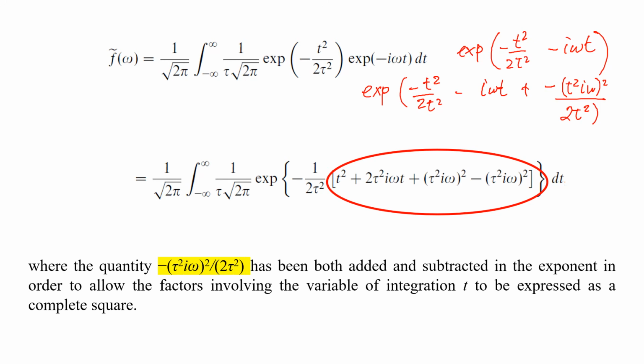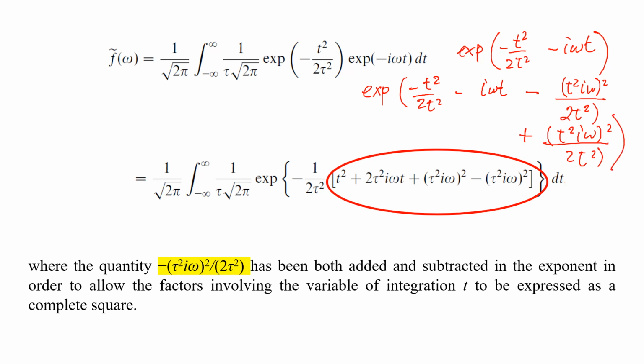So this one becomes negative, or this is minus, and then we have subtracted also the same term. So you have minus the negative, so that's plus tau squared I omega squared over 2 tau squared.